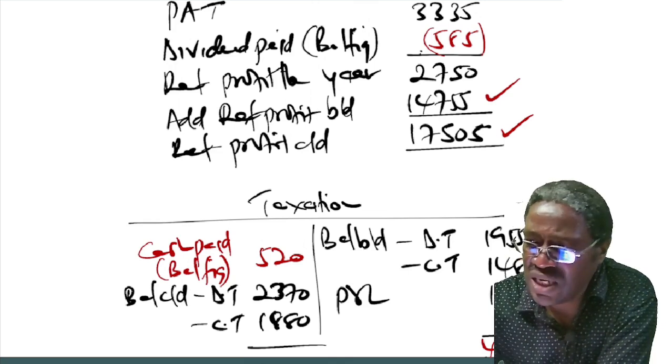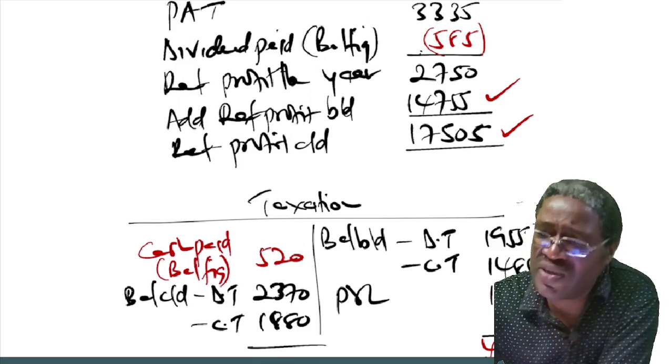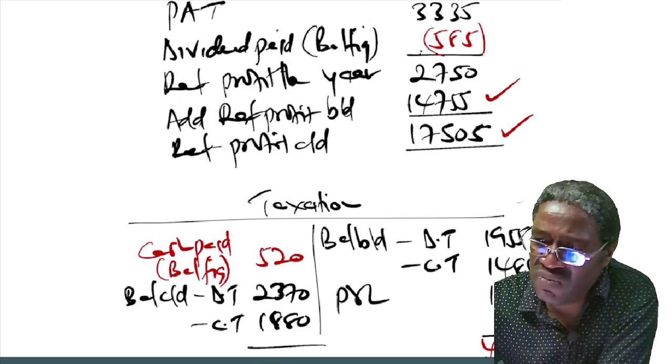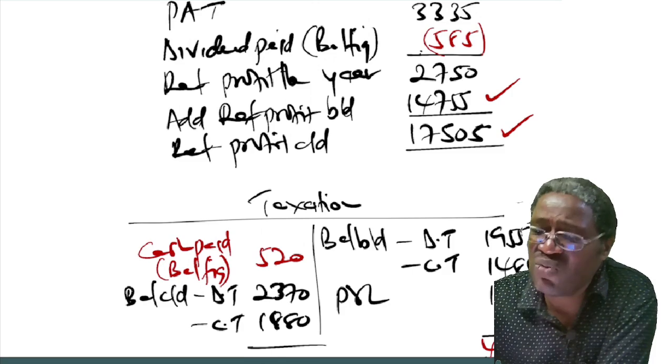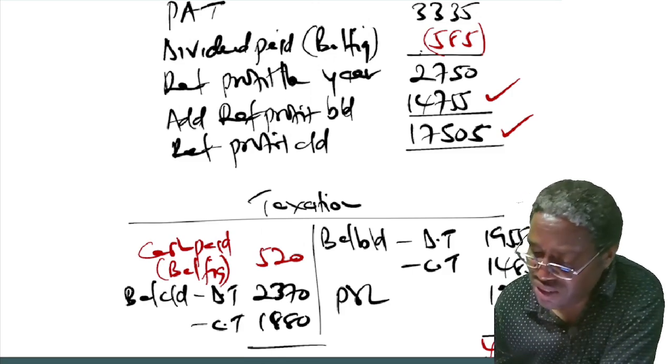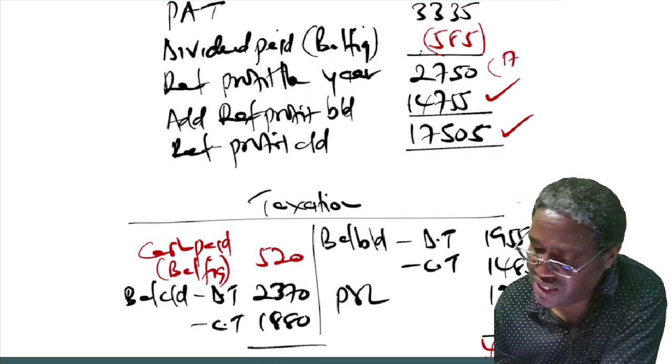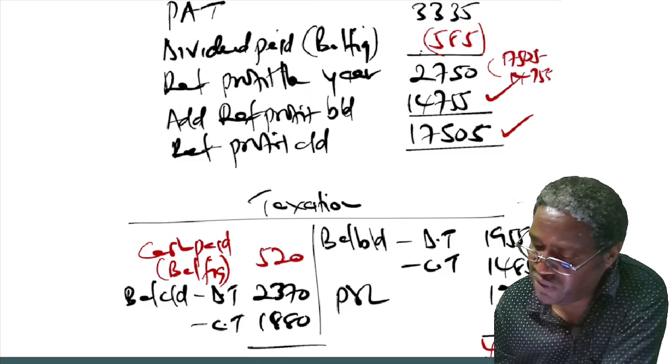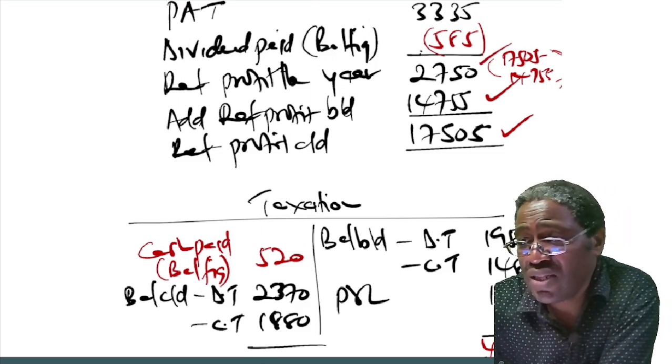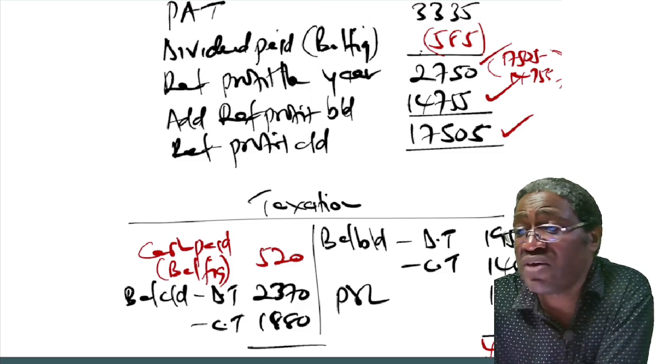So we are asking, if we are carrying down a retained profit of 17,505, and by the beginning of this year we began the year with a retained profit brought down of 14,755, what must we have retained during the year? So we minus those two, which is 17,505 minus 14,755. That will tell me how much we must have retained during the year, and that is what we are getting as 2,750.